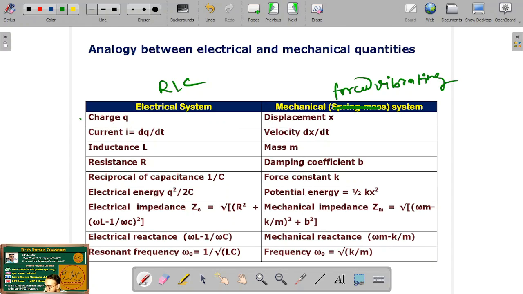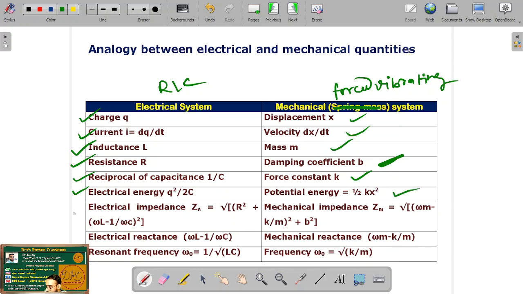So charge becomes analogous to displacement, current i becomes analogous to velocity, inductance L becomes analogous to the mass of the forced vibrating system, resistance R is analogous to the damping coefficient, and the reciprocal 1 by C is analogous to the force constant k. The electrical energy Q square by 2C is analogous to the potential energy half k x square.